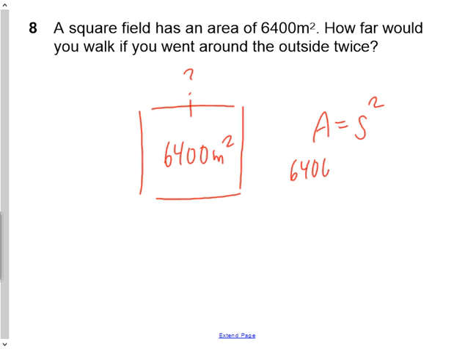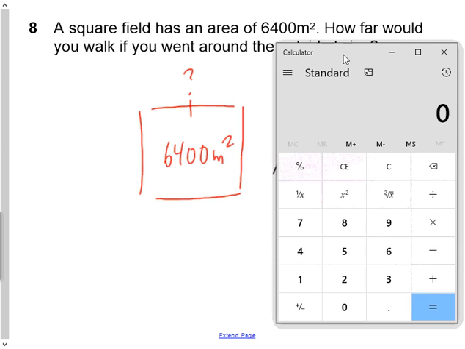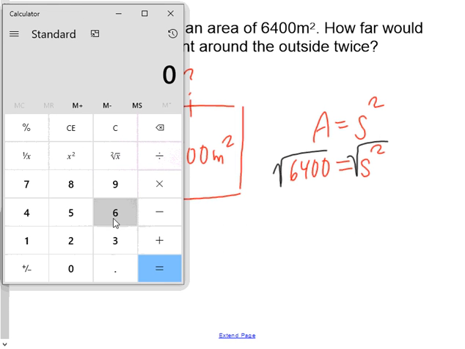6,400 is our area, and our side is unknown. We're going to take that formula, substitute what we know, and then square root both sides. The square root of 6,400 I need to use a calculator for.